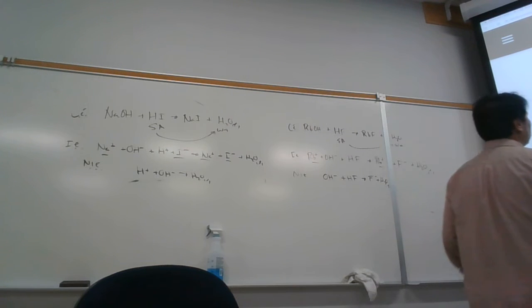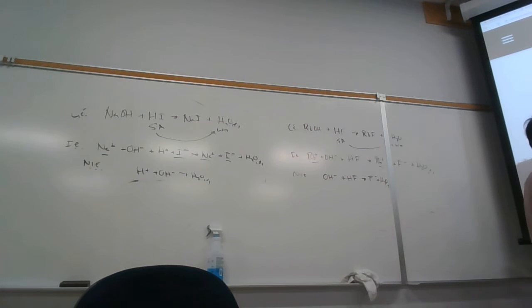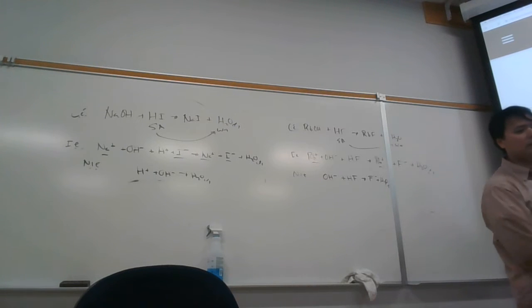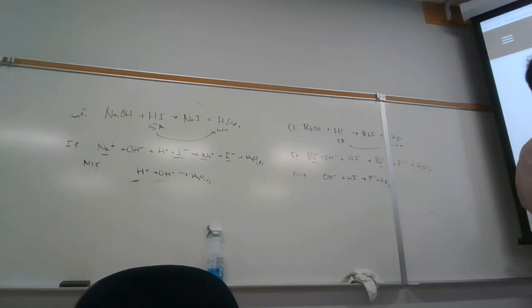Let's take a look at 45. We have here, what's this called? Magnesium carbonate, right? Magnesium carbonates, phosphates, and chromates are all insoluble except for group 1 and ammonium.